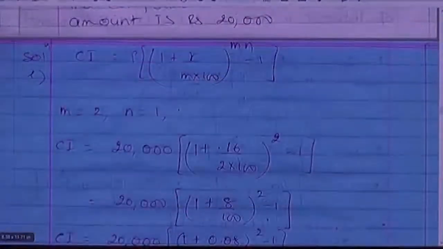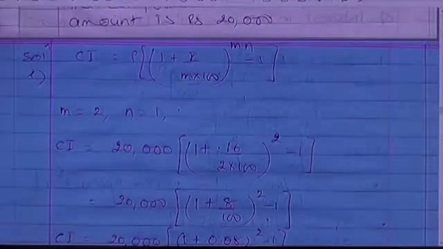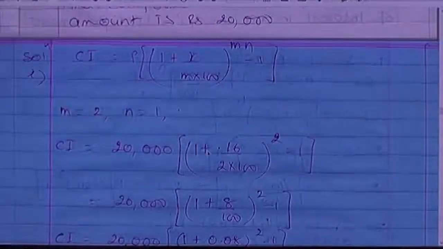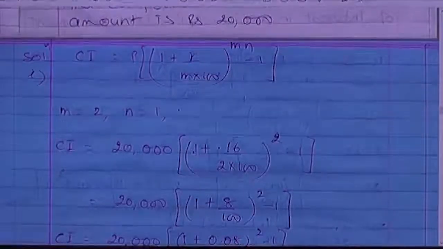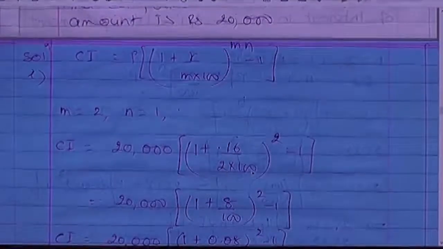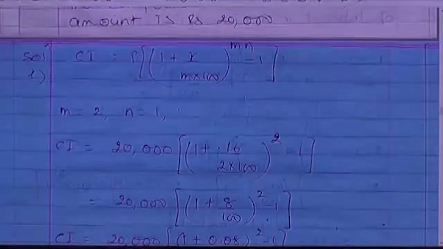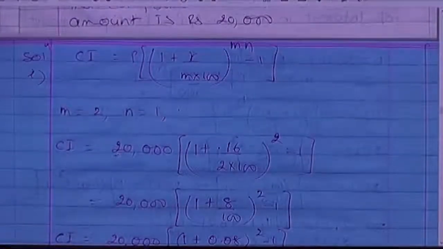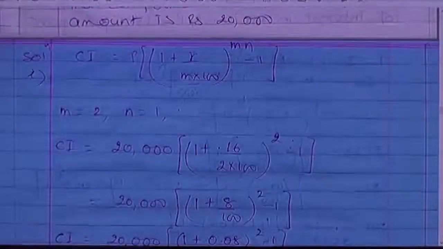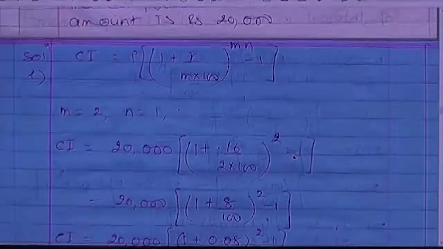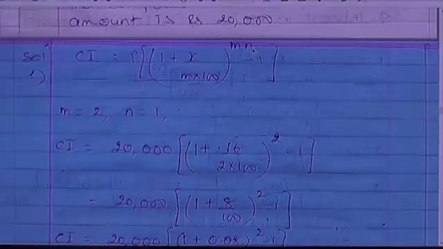So substituting the values, we get the compound interest as 20,000 times 1 plus 16 upon 2 into 100 raised to 2 into 1. So compound interest is equal to 20,000 times 1 plus 16 upon 2 into 100 raised to 2 minus 1, because M equal to 2 and N equal to 1.